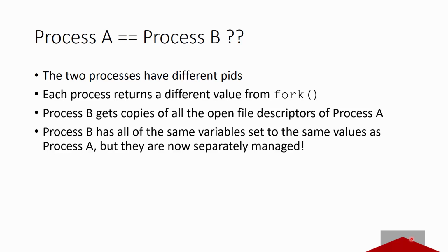And all of those variables are set to the same value as they are in the original process that spawned the new one. But the copies of the variables that are in the new process are all separately managed. So process B can change the values of those variables and not worry about messing up what's in process A.